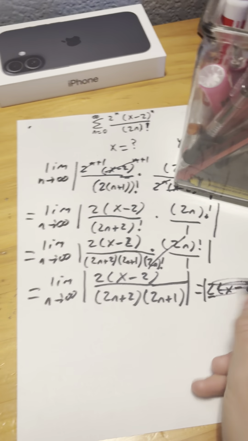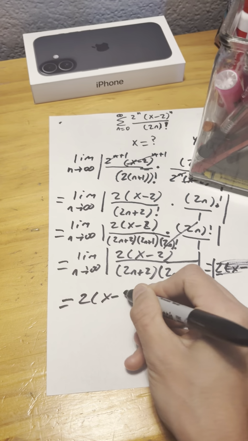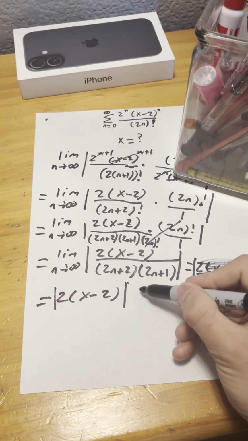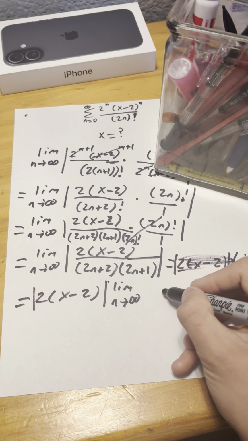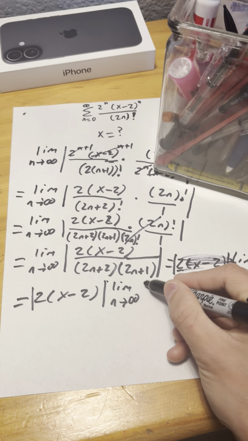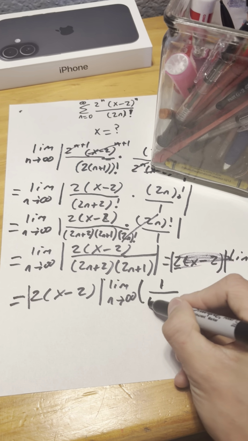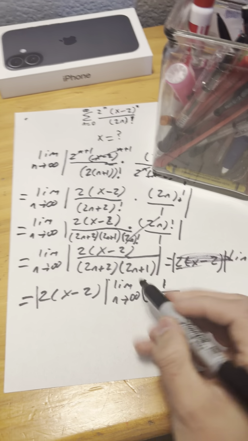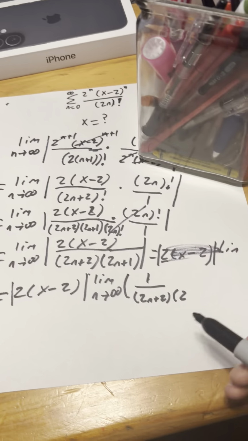Okay, we're going to run out of space here. And we could take out the absolute values for these ones, since n is from 0 to infinity, so it's never going to be negative.